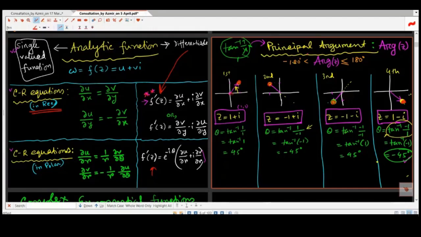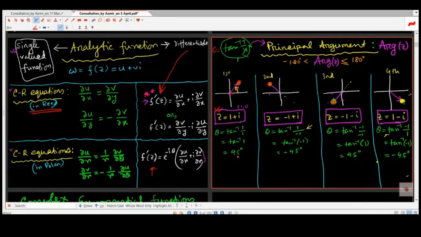This time we are asking for the principal argument, not the argument, arg. We are asking for capital A, r, g. So for a point in the first quadrant, we can see the angle will be between 0 degrees and 90 degrees.